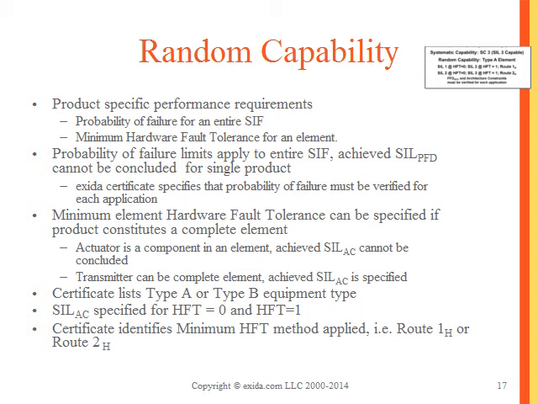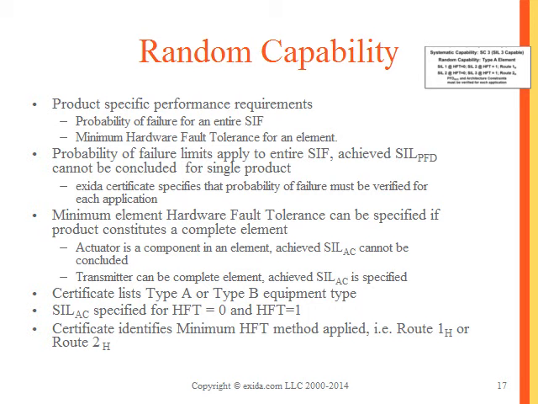The second portion is the minimum element hardware fault tolerance, and it can be specified only if the product constitutes a complete element. An element is defined in the standard as a combination of components that perform a safety function.